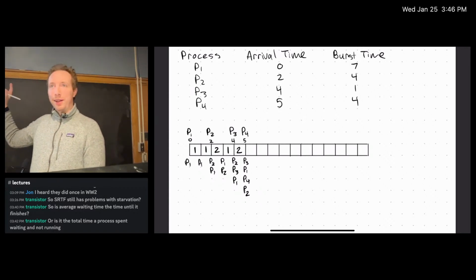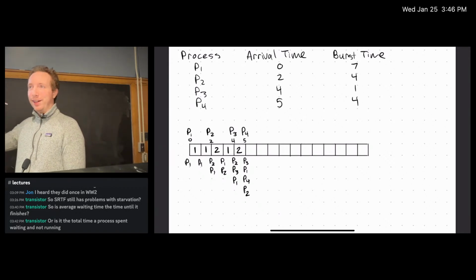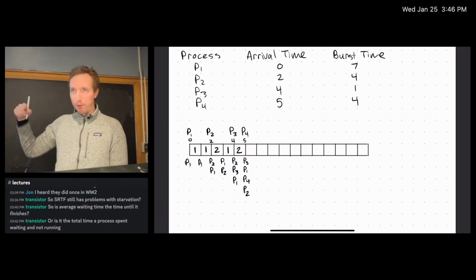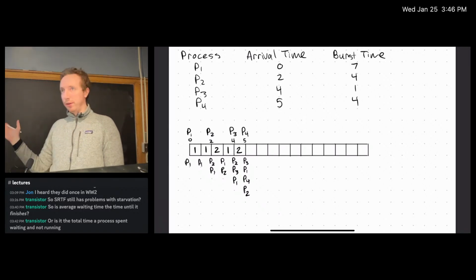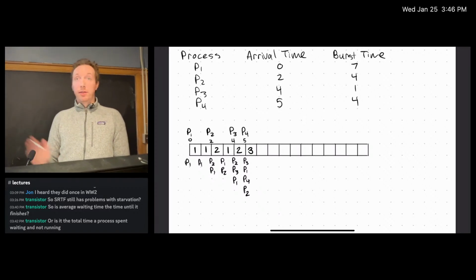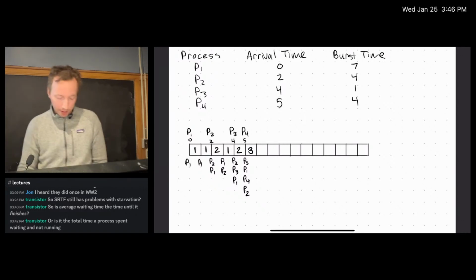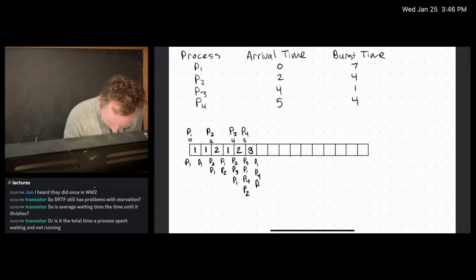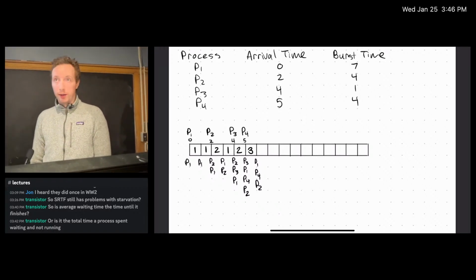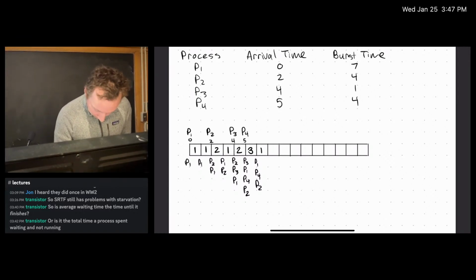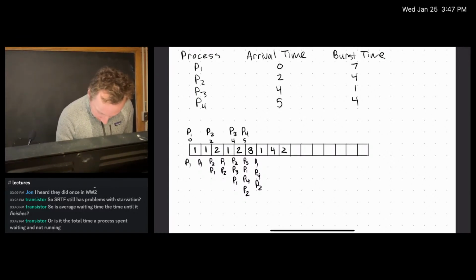Hopefully you don't want me to write this queue every single time because that would get painful. It's always going to go 3, 1, 4, 2, 3, 1, 4, 2, 3, 1, 4, 2 until things are done. In this case, 3 would execute. It's done at this point because it only wanted to execute for 1 anyway. So the rest of our queue would be 1, 4, 2, and it's just going to go in this order: 1, 4, 2, 1, 4, 2.